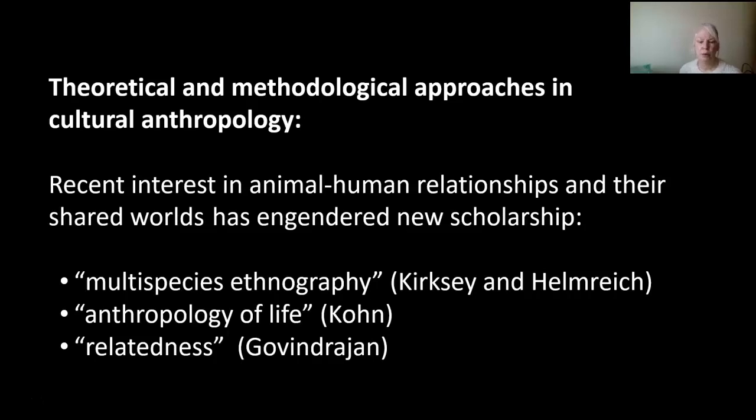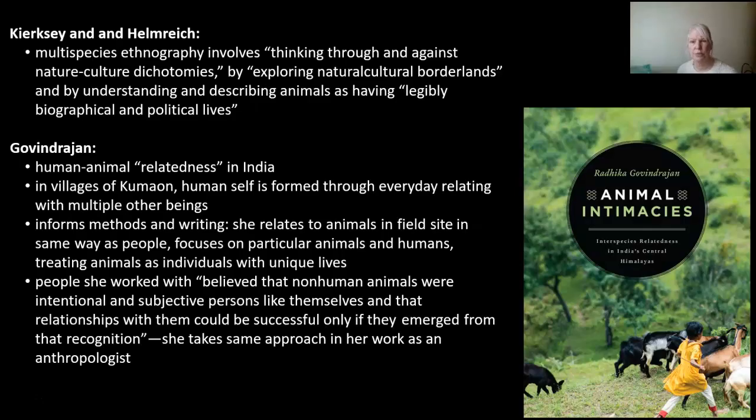And then you also read an excerpt of the Govindrajan where she talks about the concept of relatedness, particularly relatedness between people and the animals that are their close partners in life. So these are some of those, again, theoretical tools and constructs that anthropologists are using.